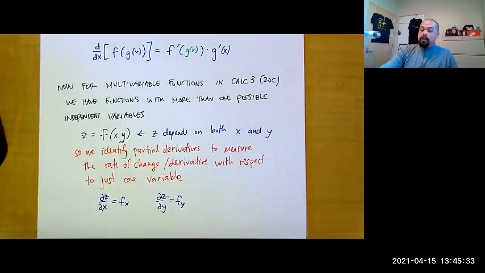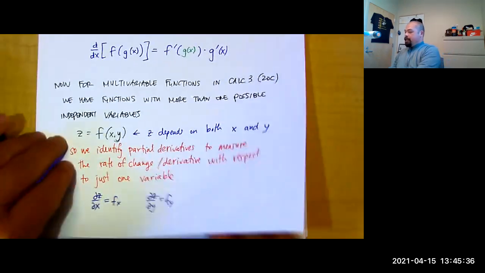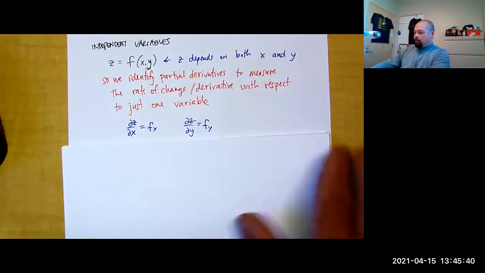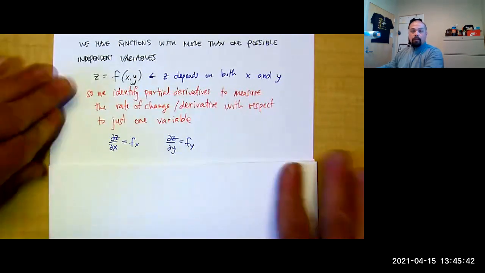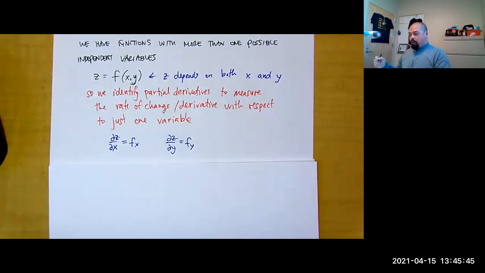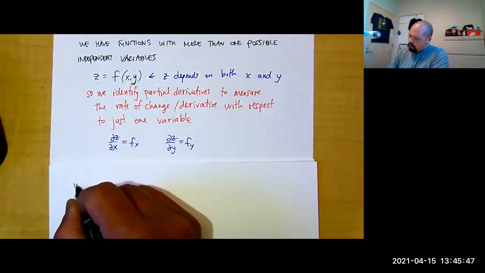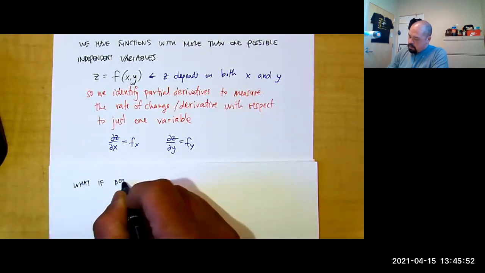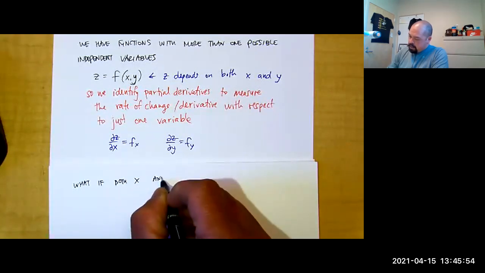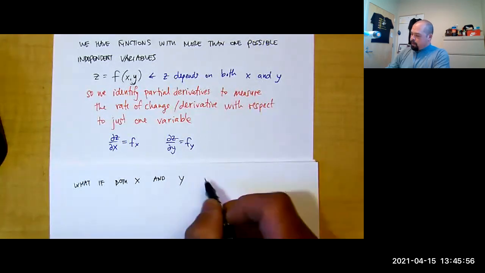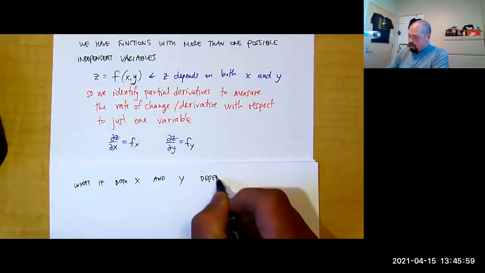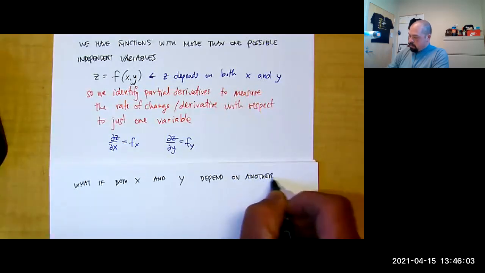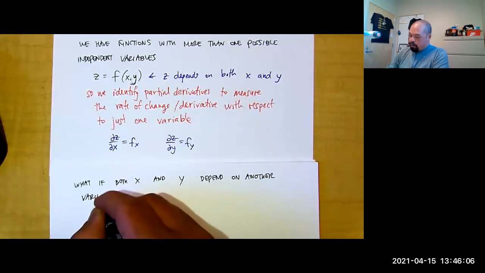Okay, so now, with that said, where the chain rule comes in, right? Well, what if both x and y in that function depend on another variable or parameter?